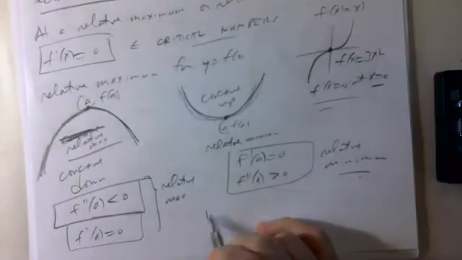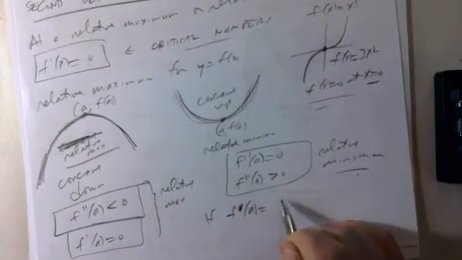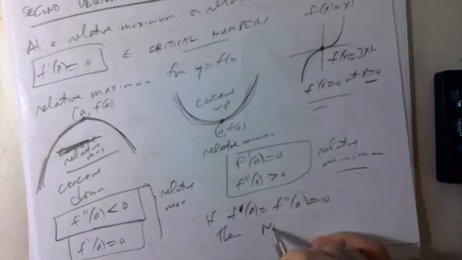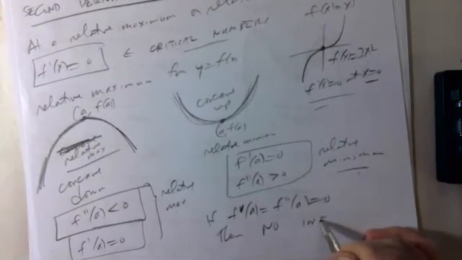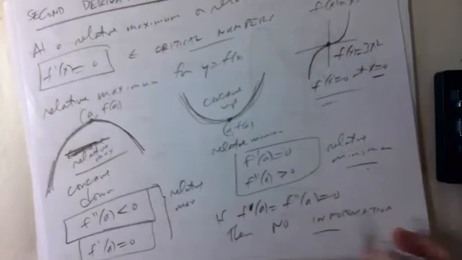Unfortunately, there's a third possibility: if the first derivative and the second derivative are both 0, then you get no information. You could have a relative minimum, a relative maximum, or neither.